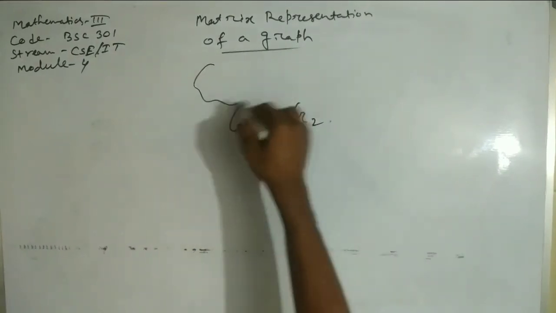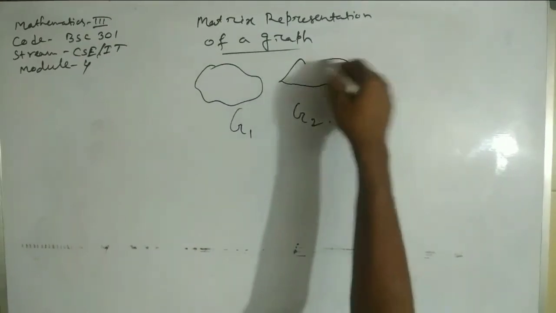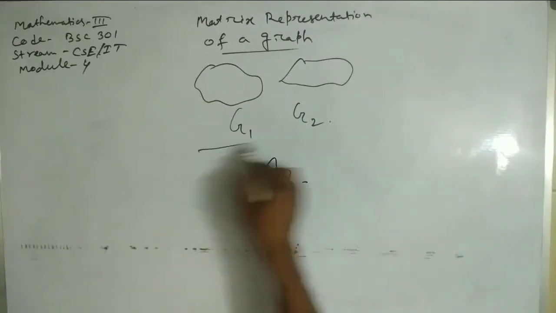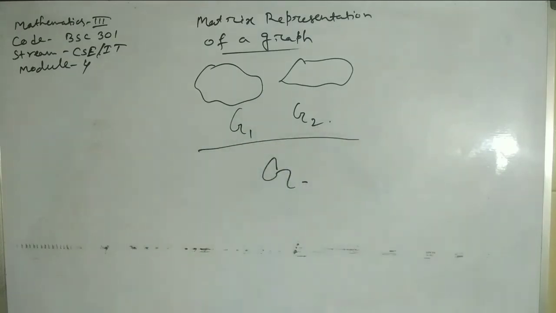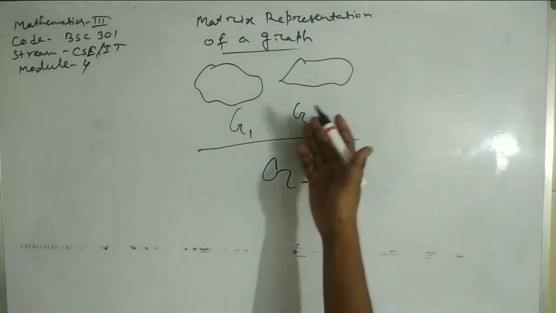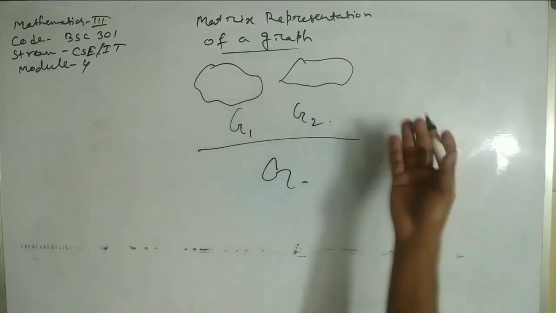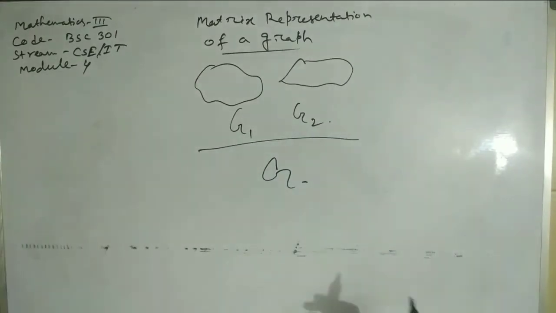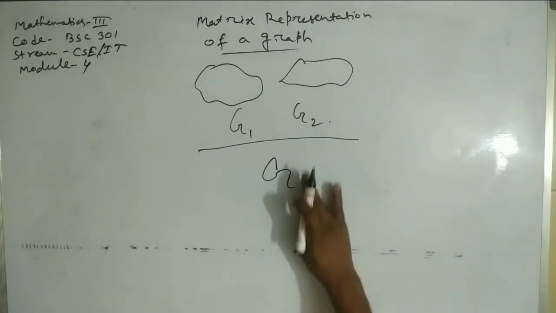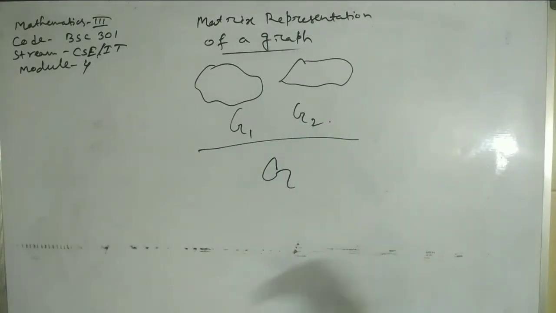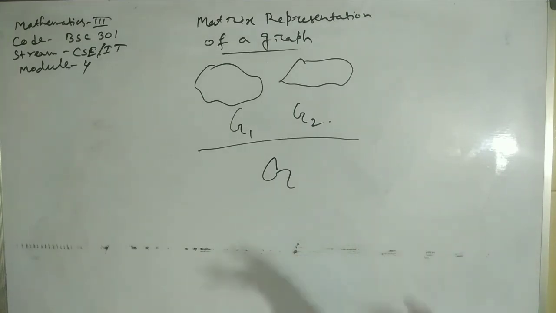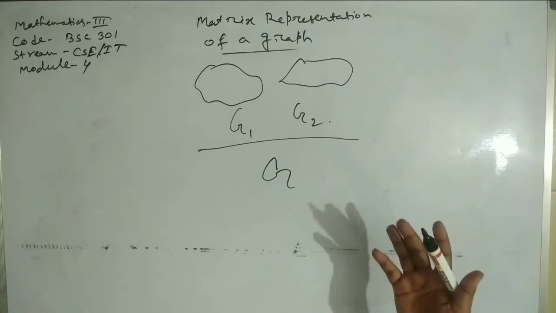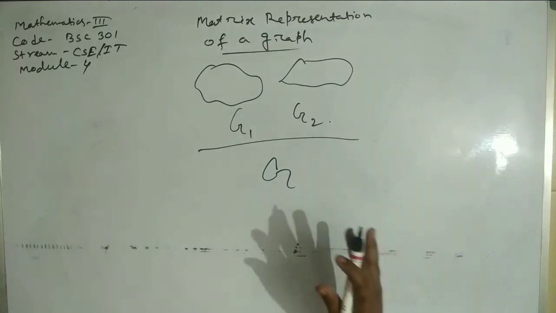So this is G, and G is this graph, and the components of G are G1 and G2. So this is a disconnected graph because there is no path from G1 to G2 or G2 to G1. Now for this graph, if you want to write an incidence matrix or adjacency matrix, the same method will be followed.